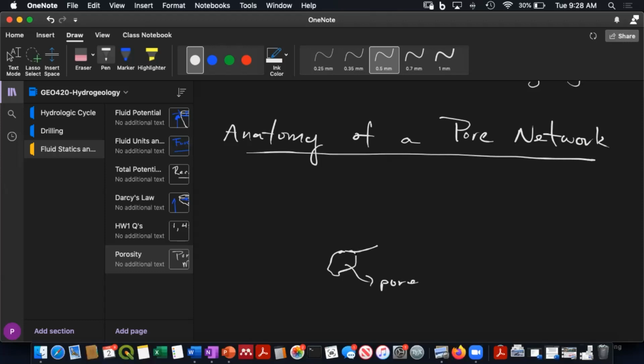And those pores are connected by a pore throat.